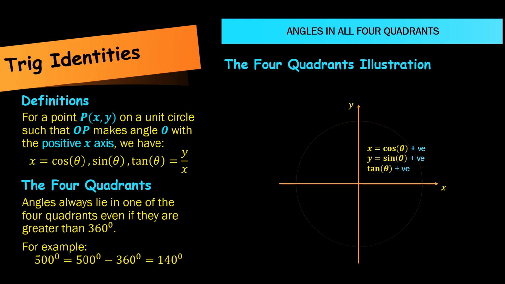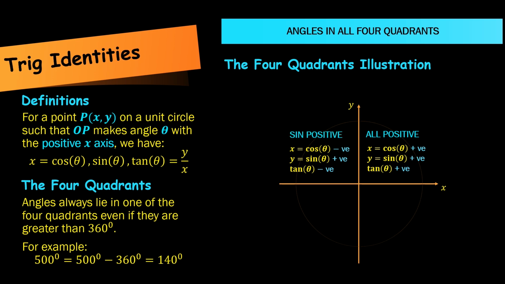So as you can see, x equals cos theta is positive, and y is also positive, and tan is also positive in the first quadrant. In the second quadrant, x is negative, y is positive, and since tan is defined as y over x, tan is negative.